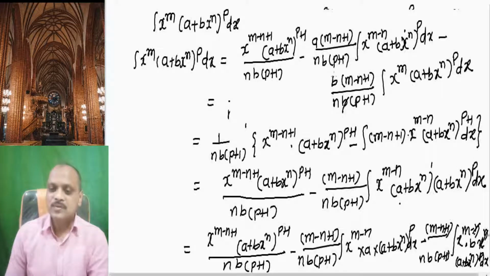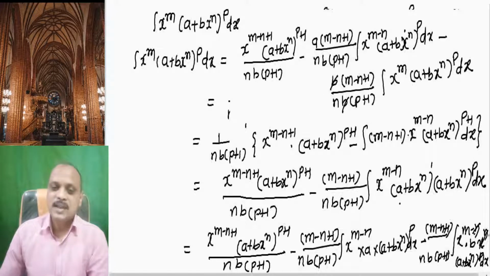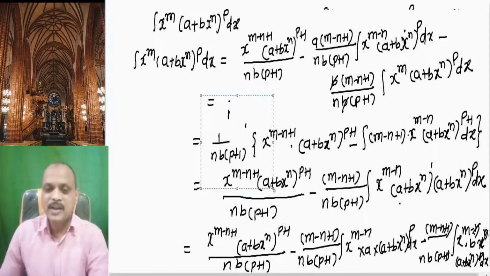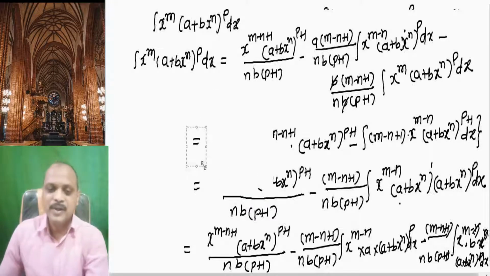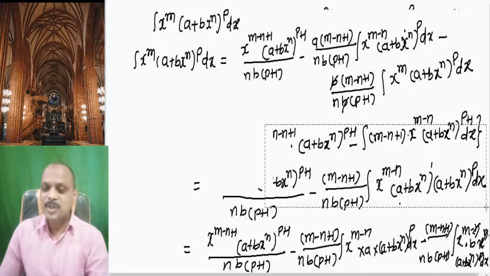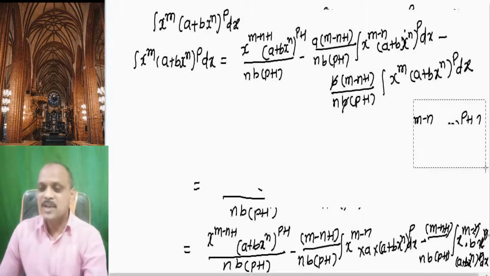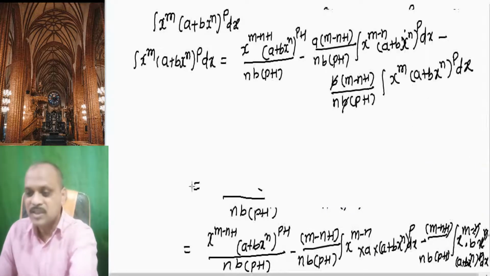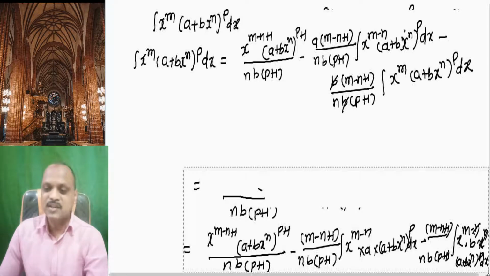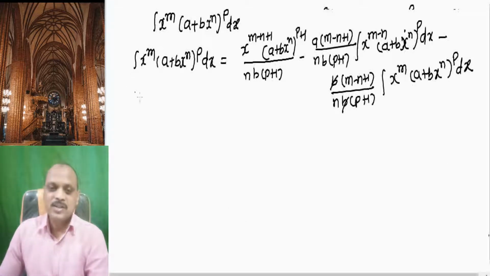Okay, so this b gets cancelled, and see the last term is equal to the integration which we are now evaluating, that contains x raised to m and (a plus b x raised to n) whole raised to p. Therefore we transfer that term to the left side of this integration, and then these terms are similar.